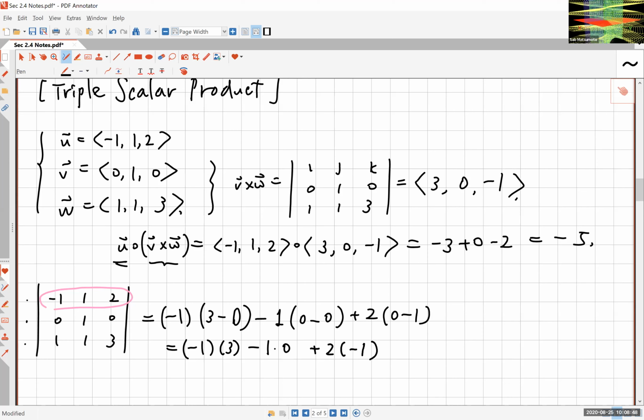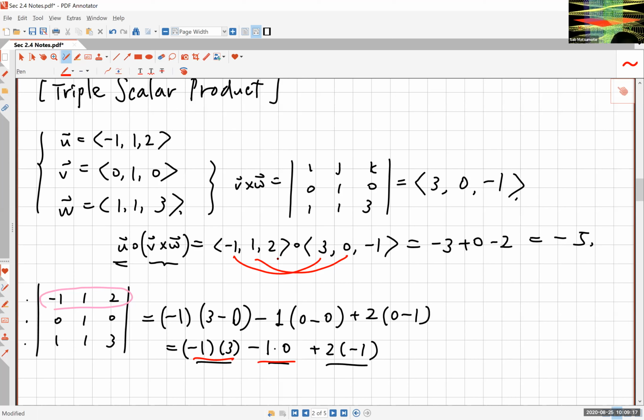Okay. And I hope you are seeing all these numbers here, because what you see up here is negative 1 times 3, that's this one. And then 1 times 0, that's this one, that's negative of that. I think that's okay because of the 0 here.